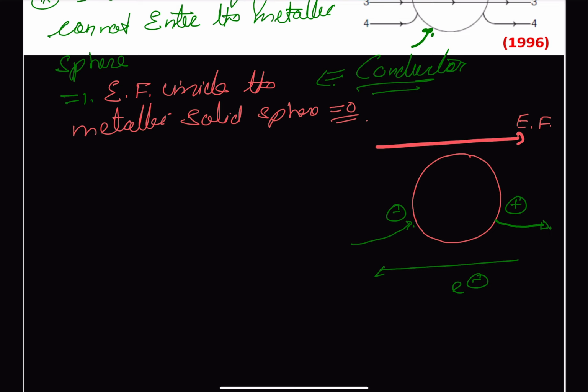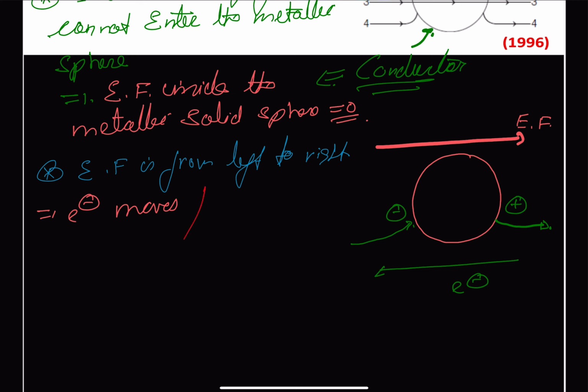So we can say that the electric field is from left to right, so electrons move from right to left.